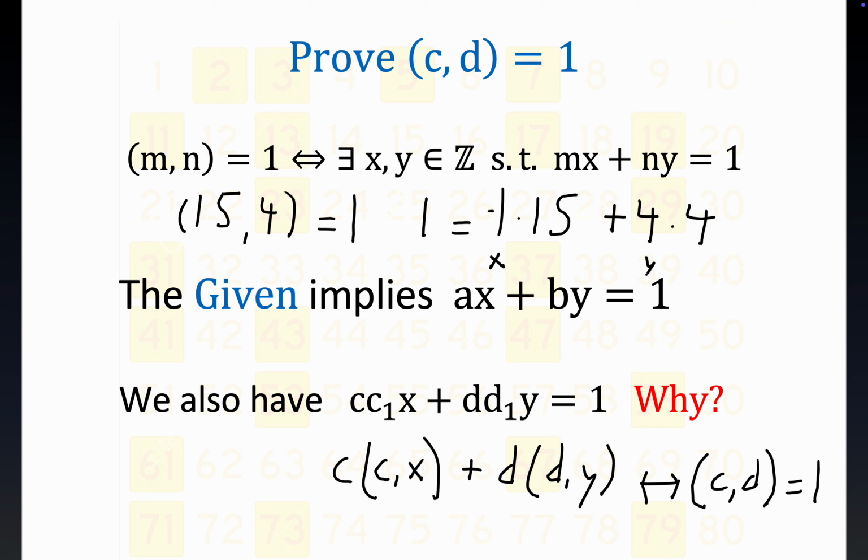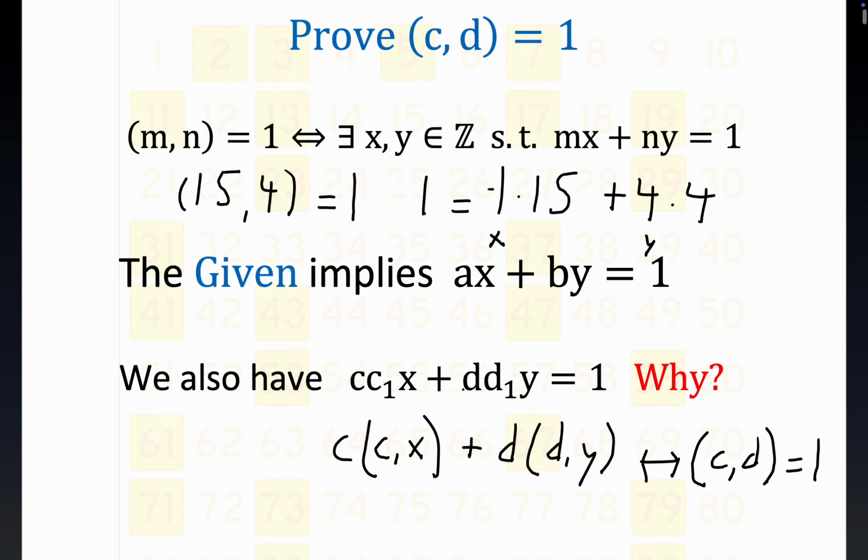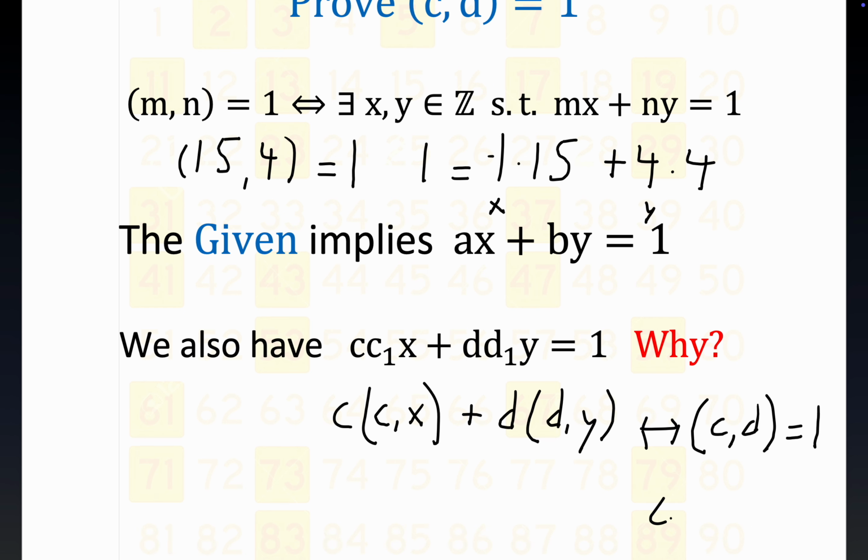It's just coincidental that 4 worked. Normally, it's not the same as the integer involved. But anyway, we proved what we set out to prove. We just got another case of the Bezout theorem, where our integer was c1x for x. These two guys in the parentheses played the role of x and y up here, and so that implies that c and d are relatively prime. So that's the end of the proof, QED.